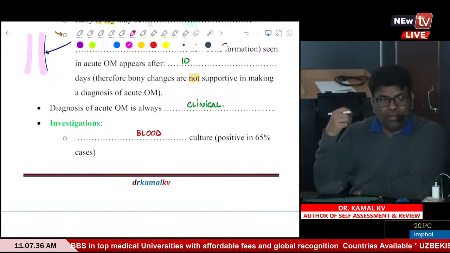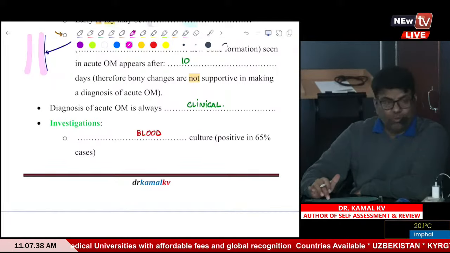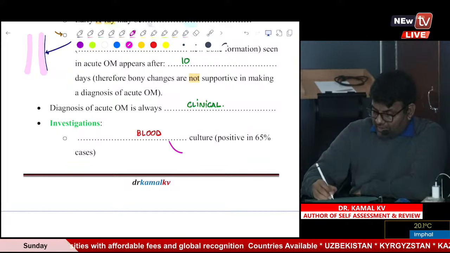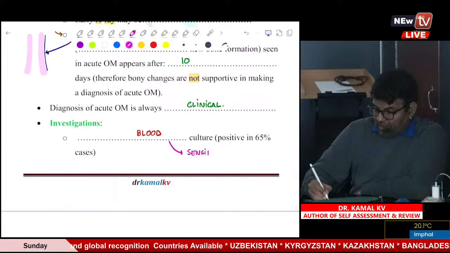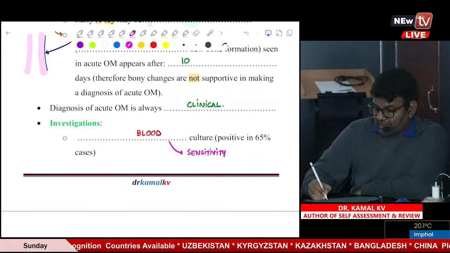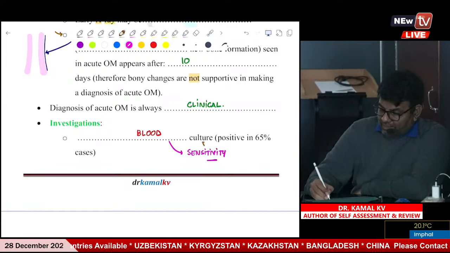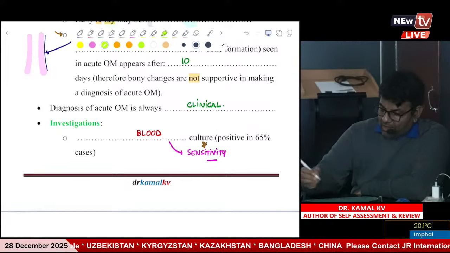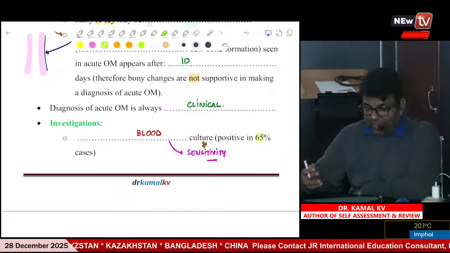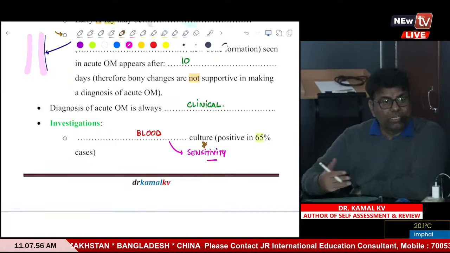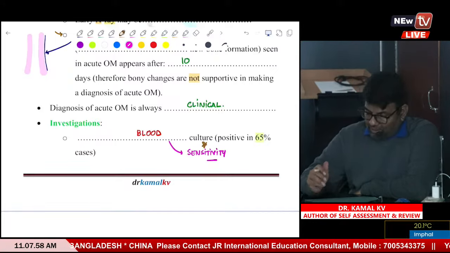So take a blood sample and try to grow the bacteria, and at the same time check the antibiotic to which it is sensitive. So you will go for blood culture and sensitivity. In 65% of cases we can detect the offending bacterium, which is usually Staphylococcus aureus.